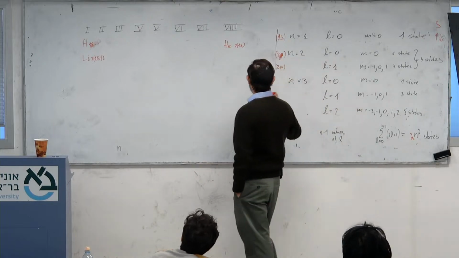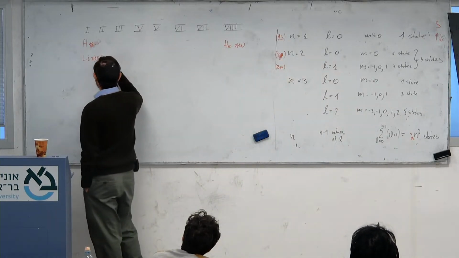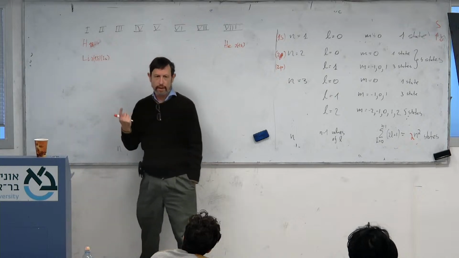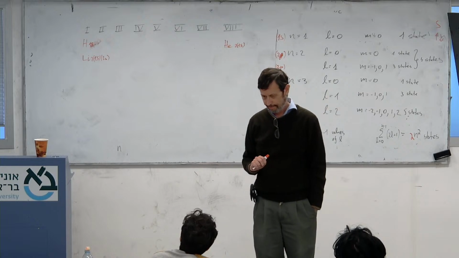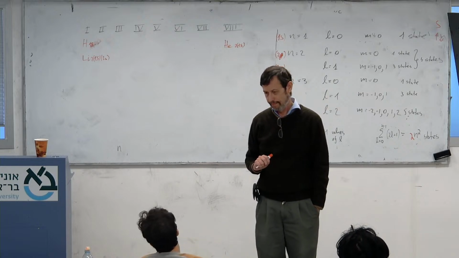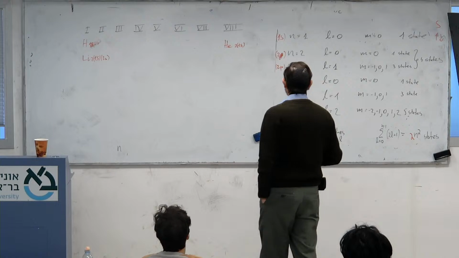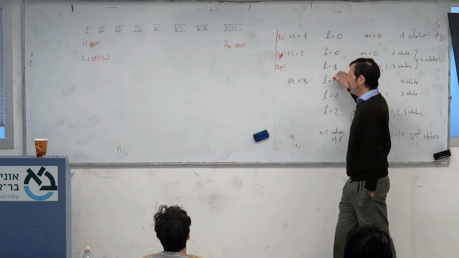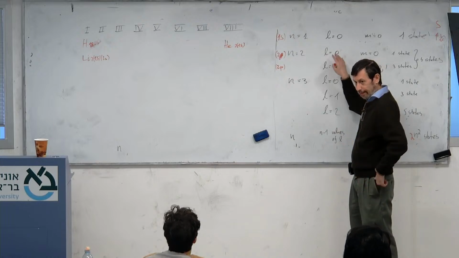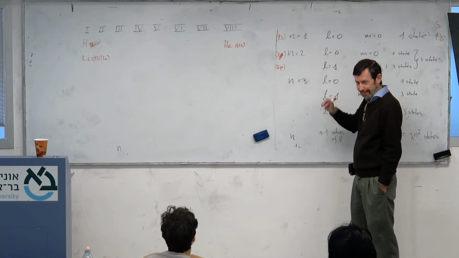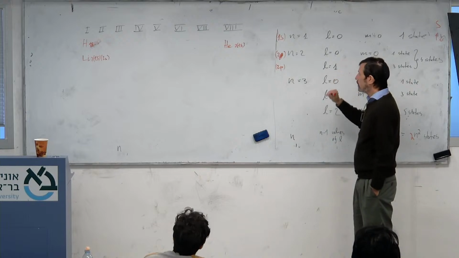So I have 2s. What does it mean? It sits on n equal 2, L equal 0. There shouldn't be a difference in energy between these two cases, but small effects that we didn't take into account make the calculation break up a bit.